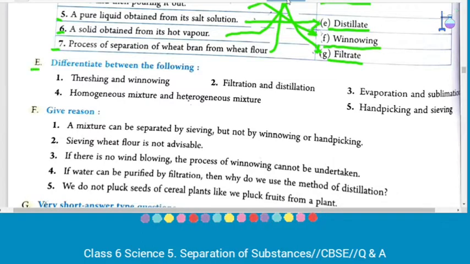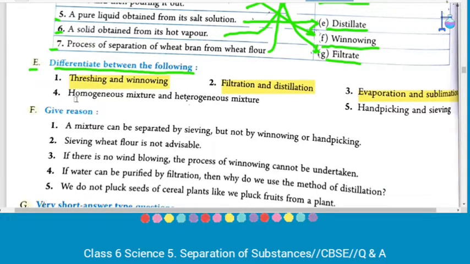Section E. Differentiate between the following. First one is threshing and winnowing, second filtration and distillation, third evaporation and sublimation, fourth homogeneous mixture and heterogeneous mixture, fifth hand picking and sieving. So we will see each difference one by one.